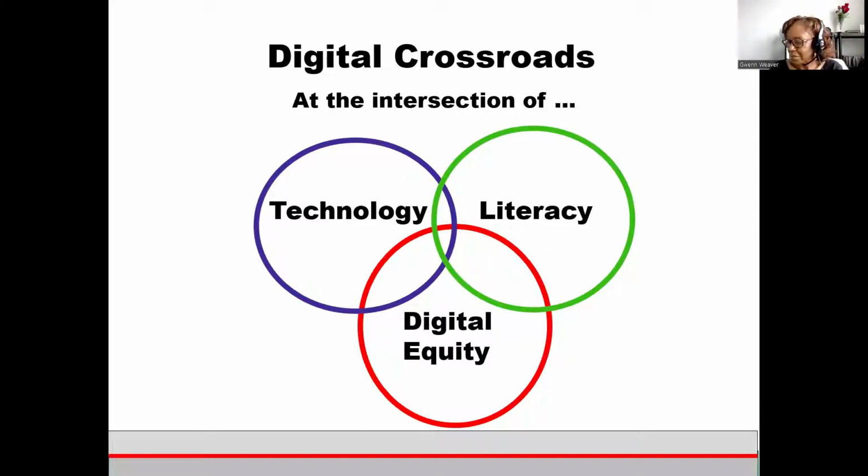And as a consequence, adult learners really these days, and we all know this, need more than just basic skills and just basic conventional computer skills to engage with life in the 21st century. And digital equity, I don't know how many of you are familiar with the term, but it's the concept that allows people to embrace the digital world to the fullest these days.